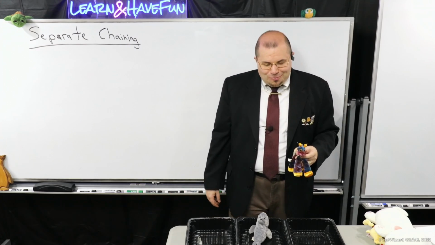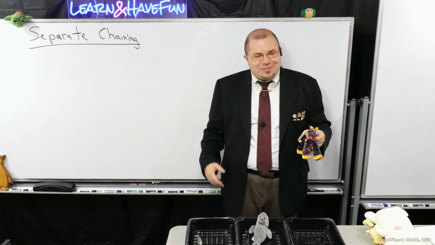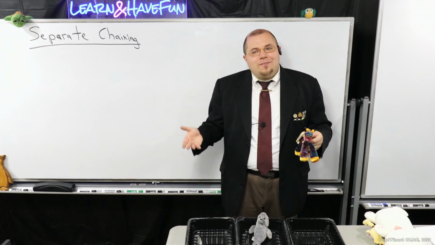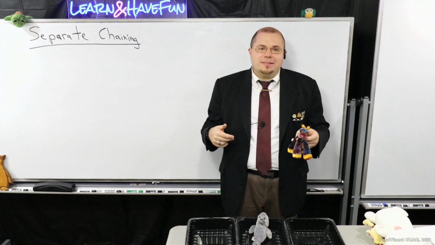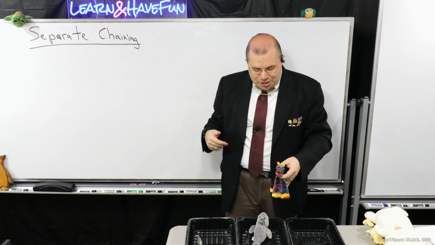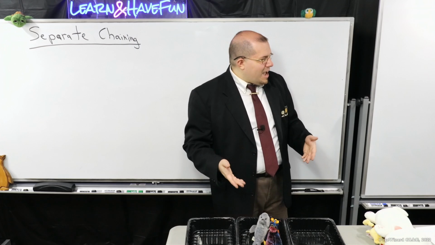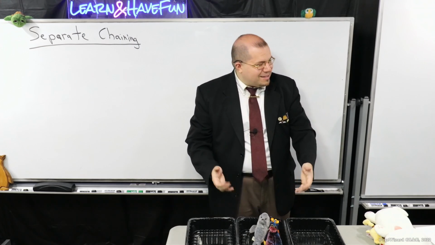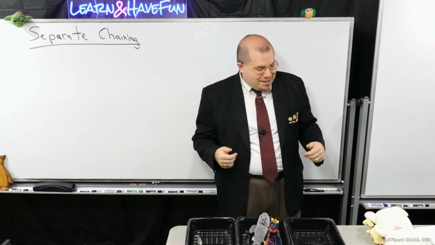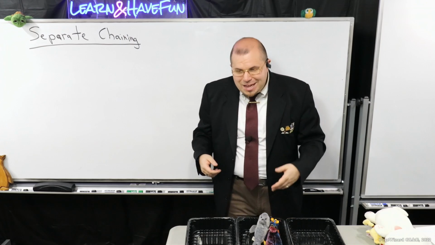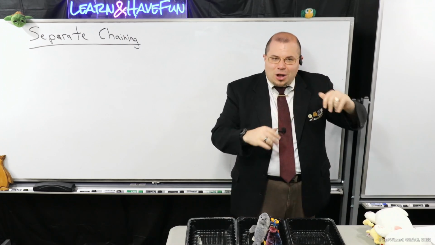Well, what do we do here? Now, there's a lot of ways we can go about this. In separate chaining, the way this is going to get resolved is the two are going to share the exact same spot. They're both going to go into the exact same slot, or the exact same seat. Naturally, this being a theater, they're going to sit on top of each other.